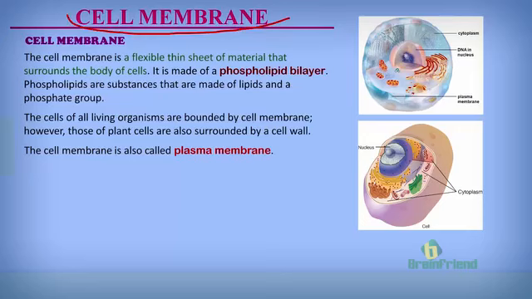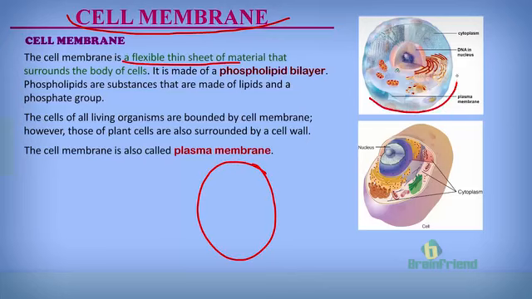The cell membrane is simply a flexible and thin sheet of material that surrounds a cell. This is the cell membrane now, it surrounds the body of cells. It is made of a phospholipid bilayer.